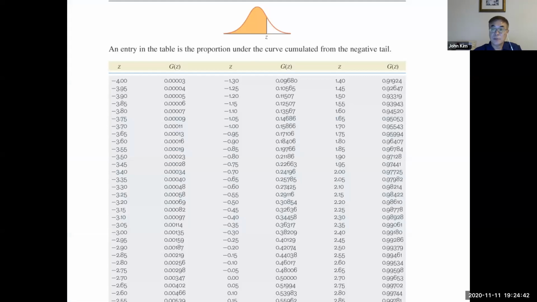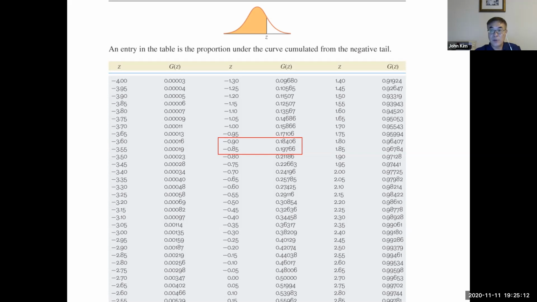Find that z-score from the normal distribution table. Then we may not find the exact number, so choose the closest one. The closest one is negative 0.87, and then the area is 0.19766.